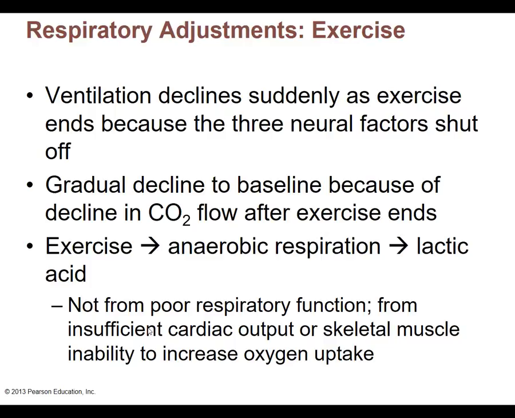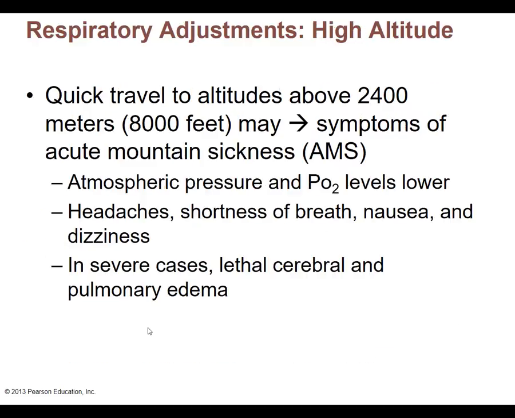Now, some other adjustments other than exercise involve high altitude. If you have ever traveled somewhere to high altitude, out to Colorado or Utah or somewhere into the mountains, and as you're driving up you're not really stopping anywhere, so you have this quick travel to an altitude, you may develop symptoms of what's called acute mountain sickness. It's altitude sickness. A lot of it is because the pressure of the oxygen and your oxygen levels start to lower.